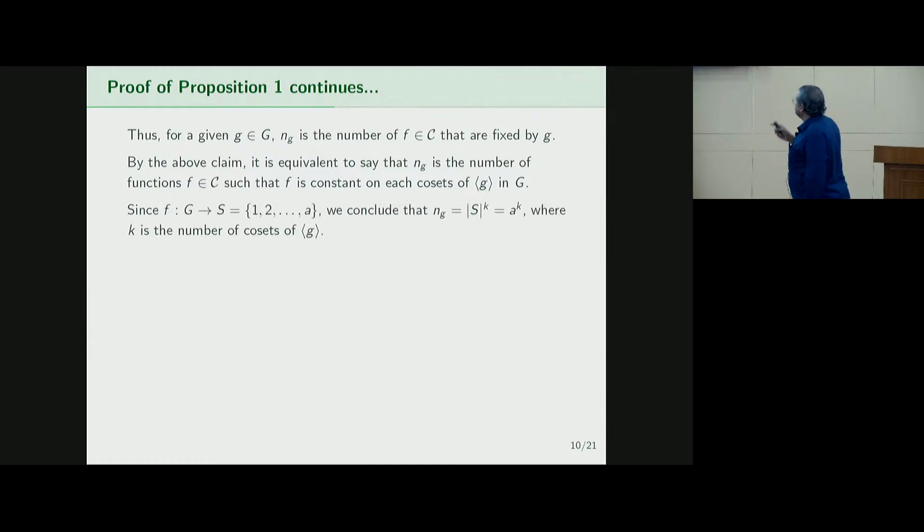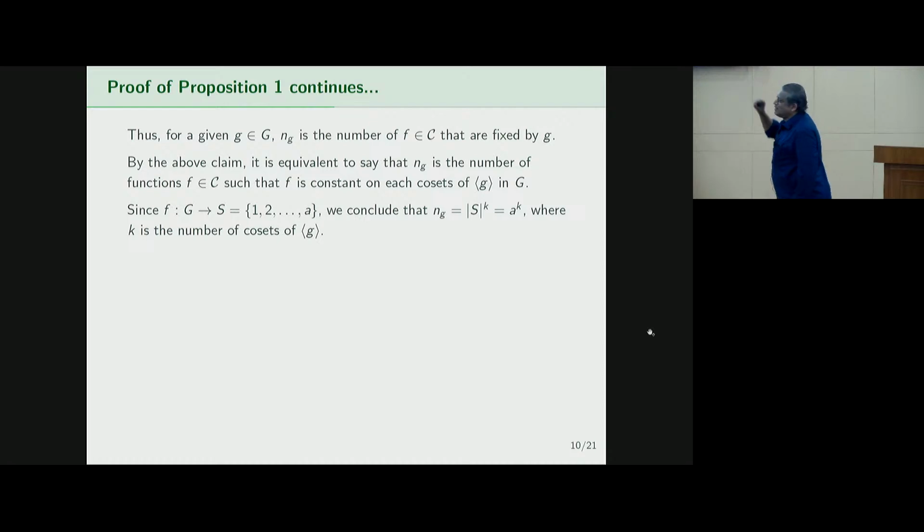Since f is a function from G to S, Ng has to be the cardinality of S power k, where k is the number of distinct cosets of the cyclic group generated by g. Because f has to be constant on each coset, and there are only k cosets, we get only this many functions, the cardinality of S power k.